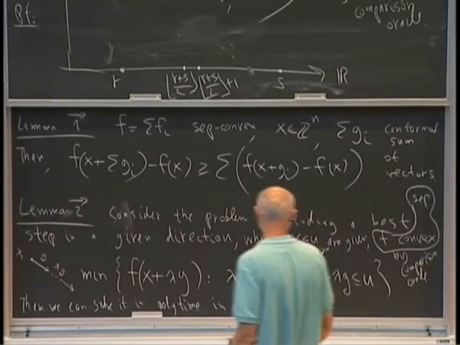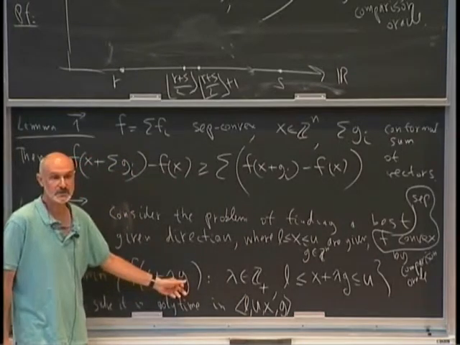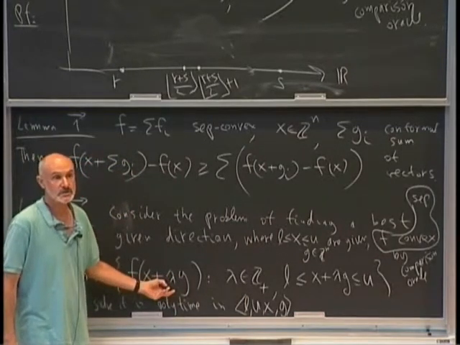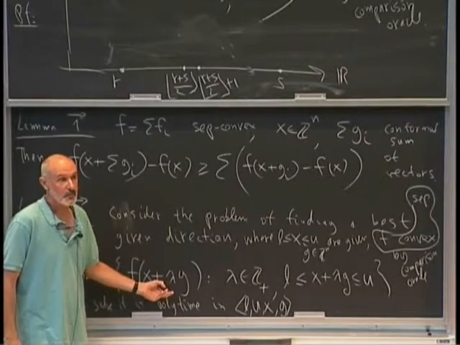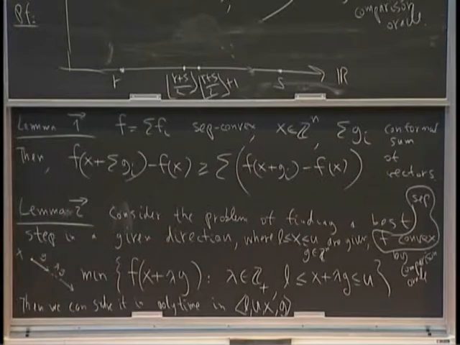Well, look, x is fixed, g is fixed. So what kind of function is this? This is a univariate function in lambda, and then we simply apply this.